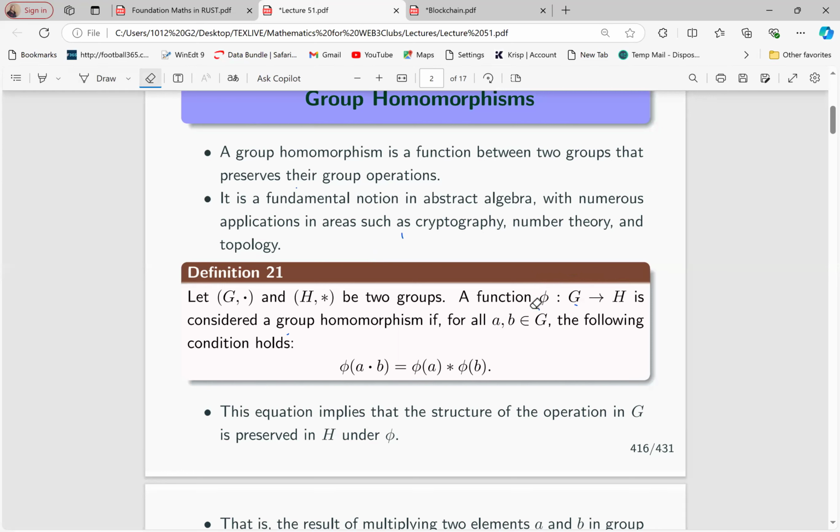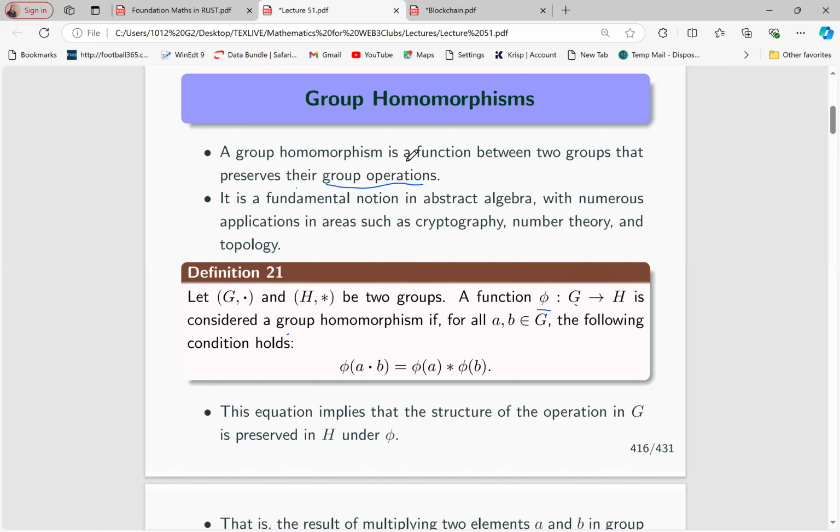So phi is the function. And I say that this function must preserve the group operations. So phi is a function, and therefore it's what we are calling a homomorphism. This phi is the homomorphism.